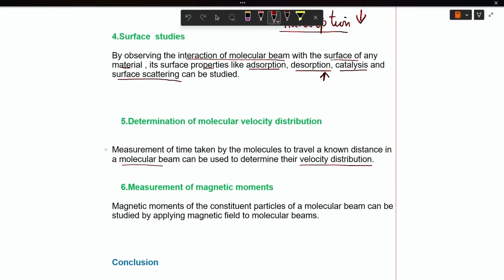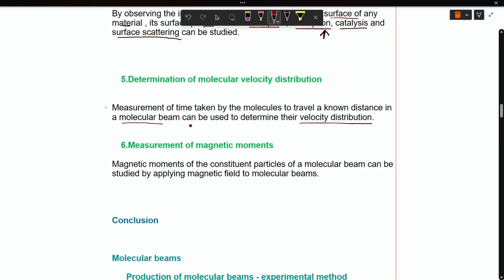I have mentioned this in the experimental procedure itself, how the molecular beam travels between two cogwheels, that is the distance, and what their velocities are. You find that and determine the velocity distribution, which can be used for verification of the Maxwell-Boltzmann distribution law.